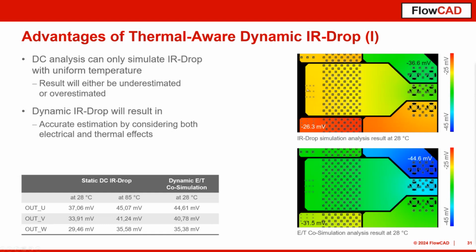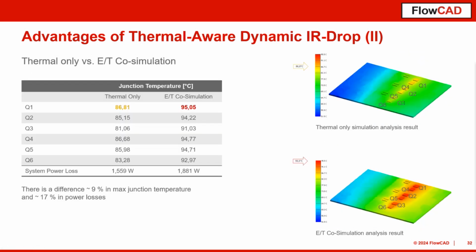In this example, we can see it's of course depending on the current that goes through your copper, that using only static analysis, but also using the ET co-simulation, the calculated IR drops, and of course the voltages, we can see here in this case, are significantly different, because here we also have to consider the temperature effects of components that are placed on your PCB. That all can be done here with this ET co-simulation.